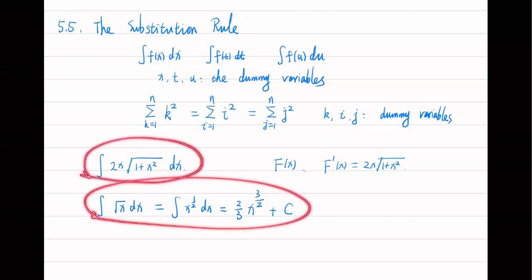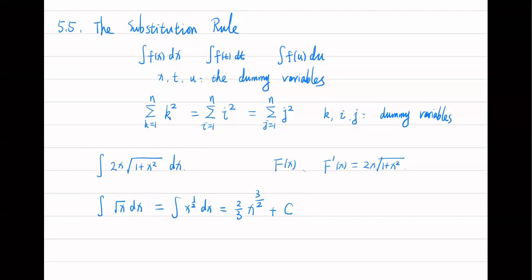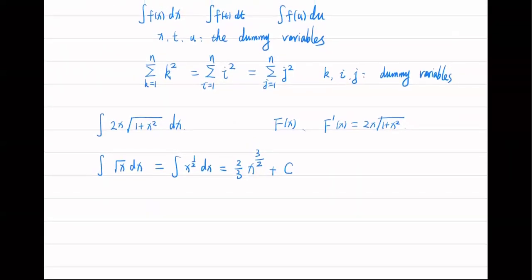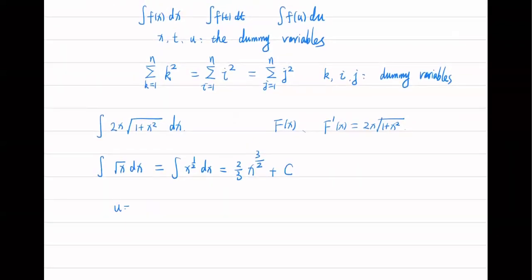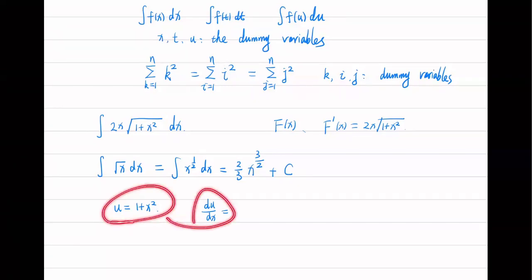We know this. We want to use this result as a guide for the previous one. For this purpose, we introduce a new variable. So u equals 1 plus x squared. If this is the u, what's the derivative? Zichen? How do you take a derivative of this with respect to x?